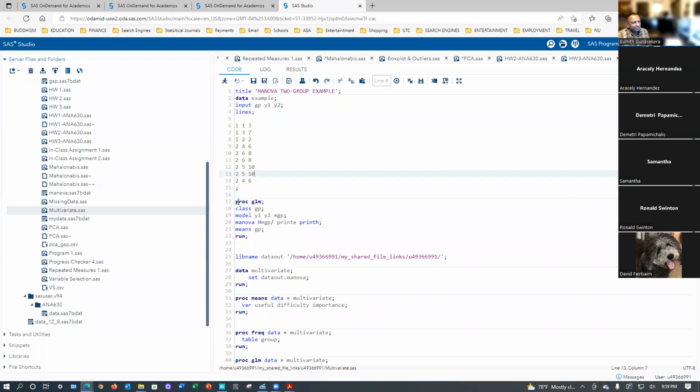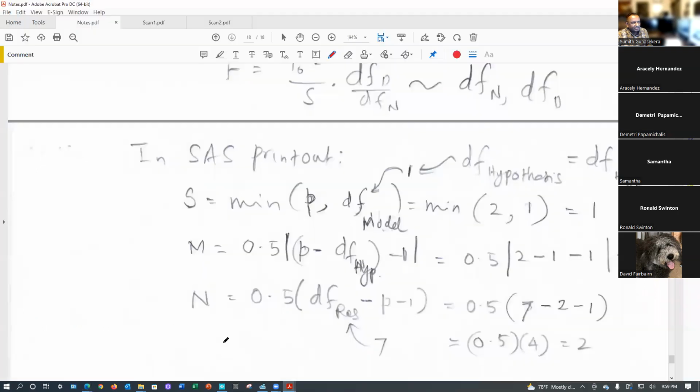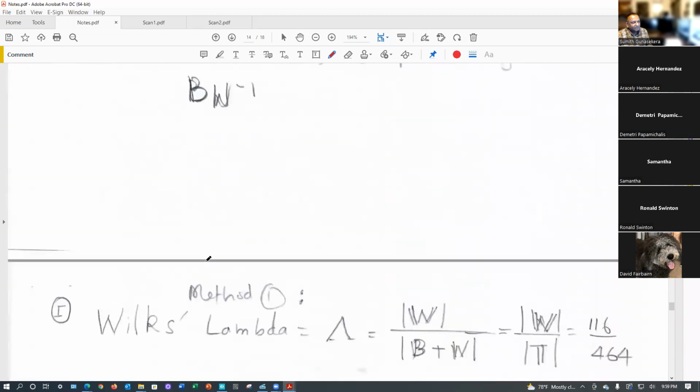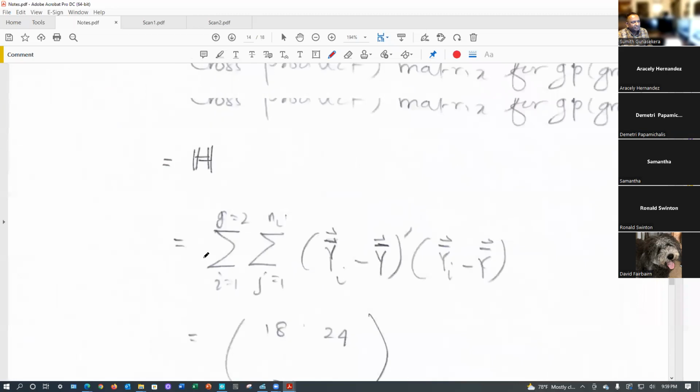Then we are using the GLM, the generalized linear model, with class group in our model, Y1, Y2, and GP. I'm using MANOVA, and then I'm going to print H and E. You can remember what we call H and E, I mentioned it at a certain point.